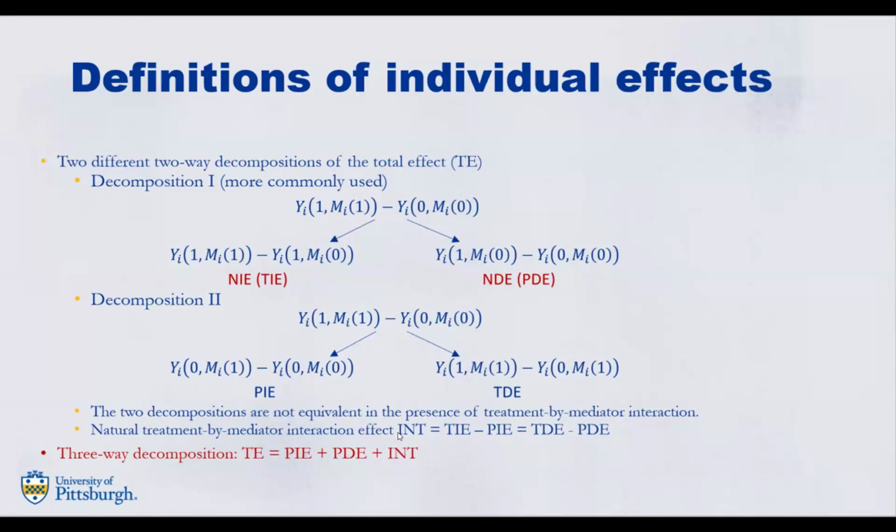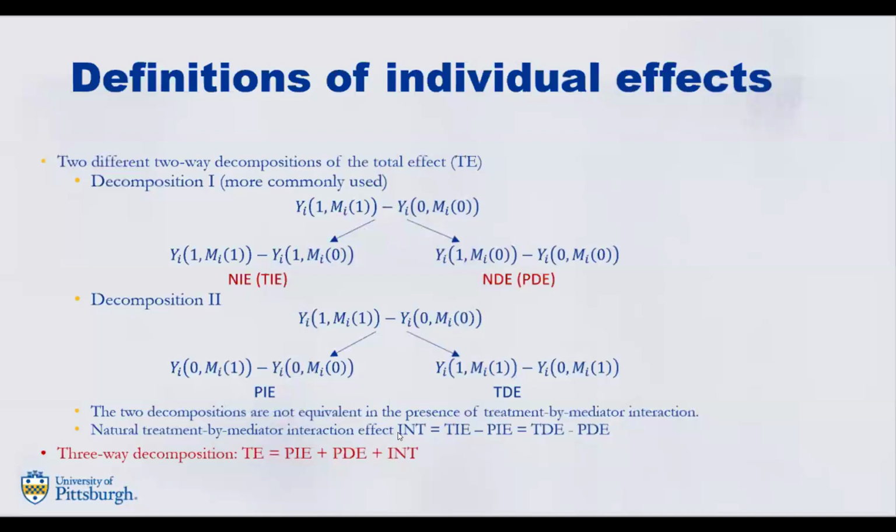Here, I want to add that, as I mentioned earlier, the mediator may purely transmit the impact of the treatment on the outcome. And it may also transmit the impact of the treatment on the outcome by interacting with the treatment. And in this three-way decomposition, we're able to separate them.